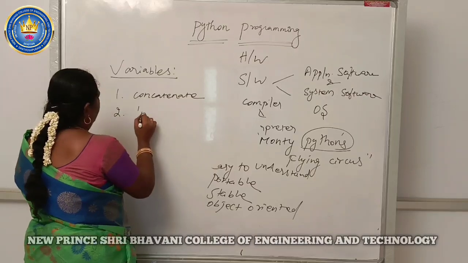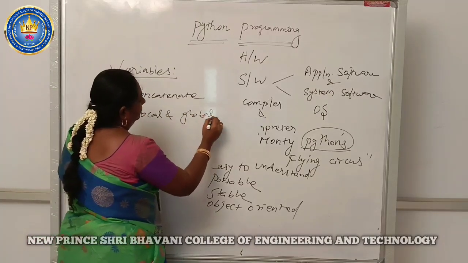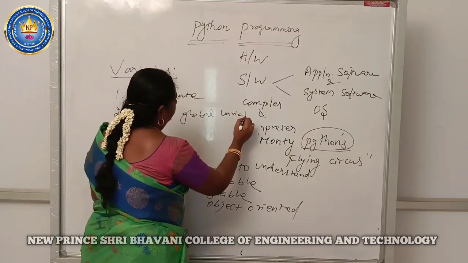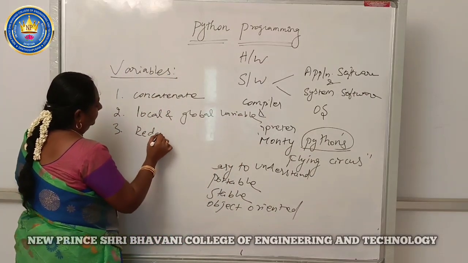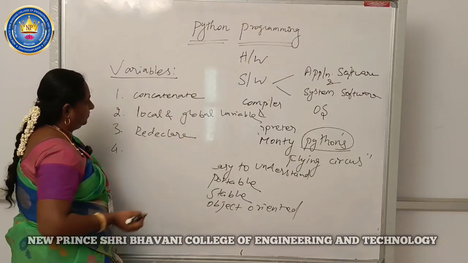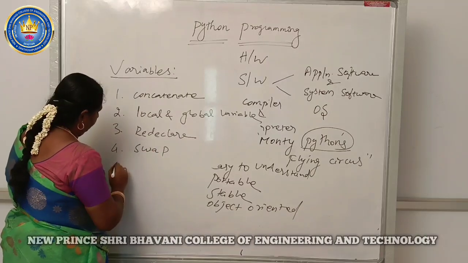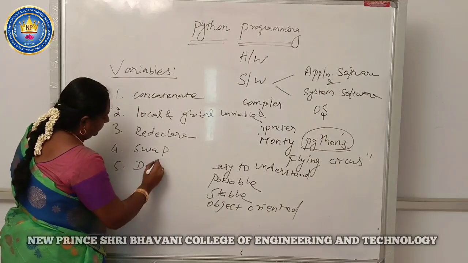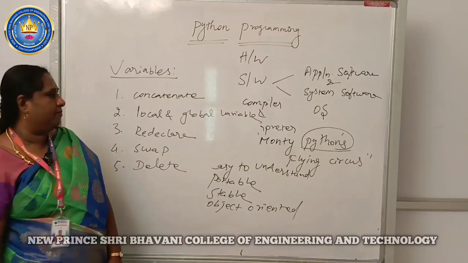Number 2, local and global variable. Redeclare. Swap. Delete. So these are all the features in Python variables.